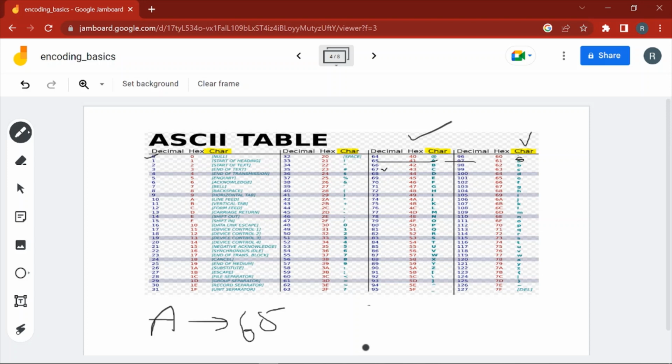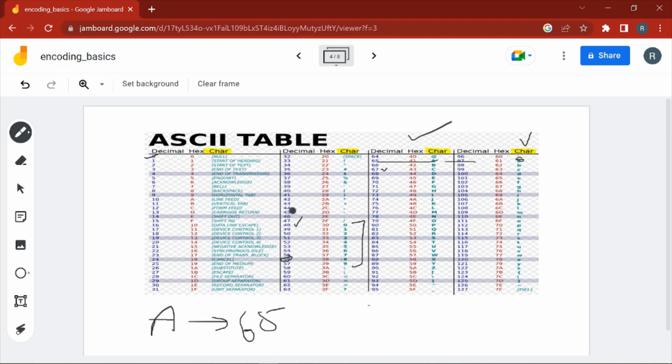A character set is the collection of characters which contains the mapping of characters and numbers. You can see it also has the numbers here. 0 is represented by 48 here. 8 is represented by 56.